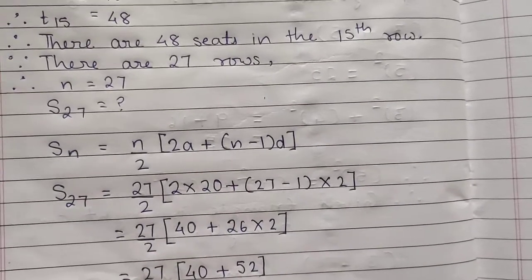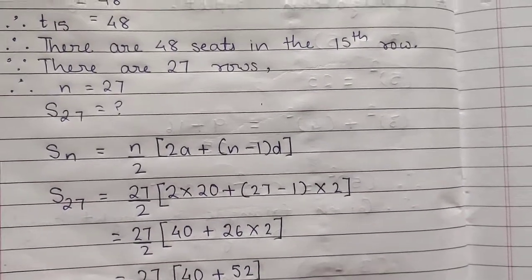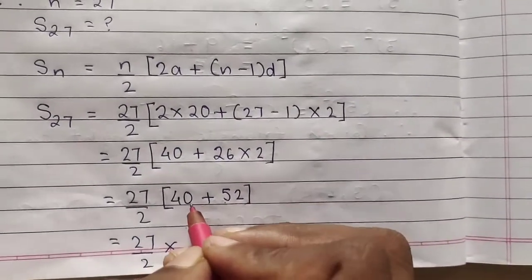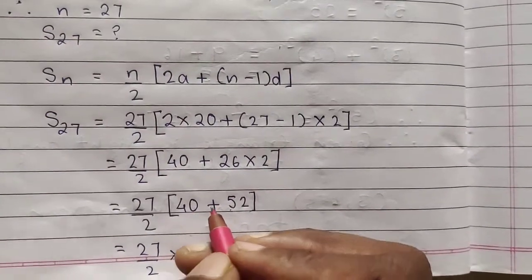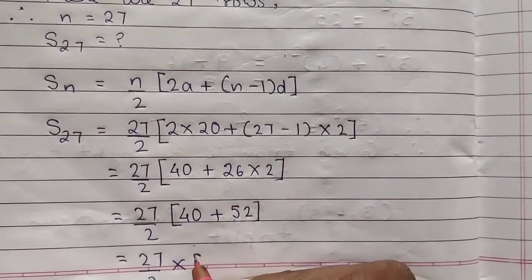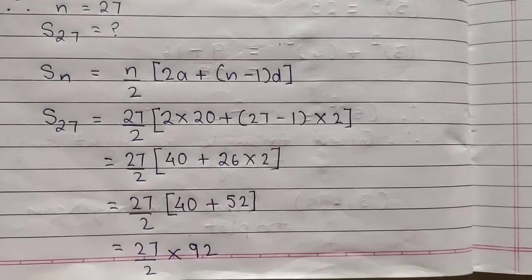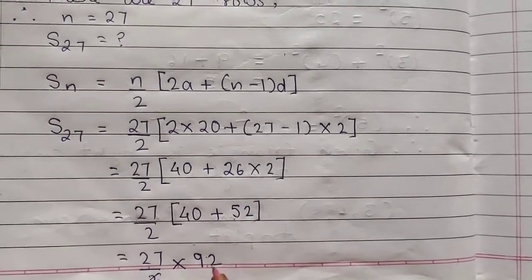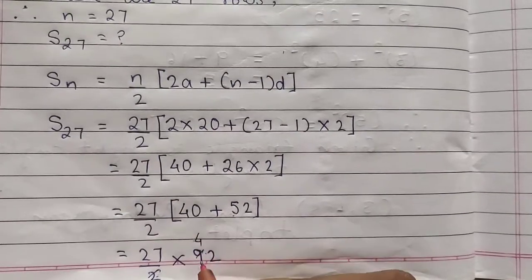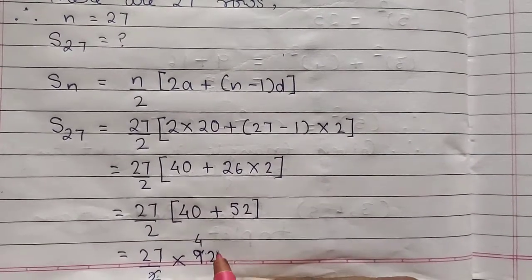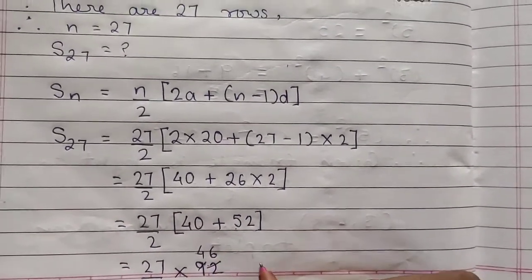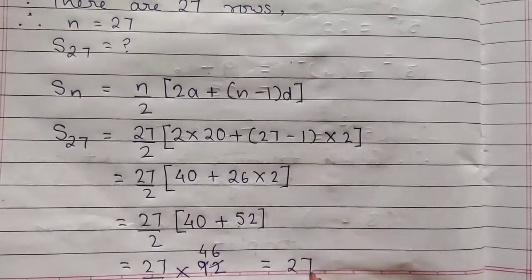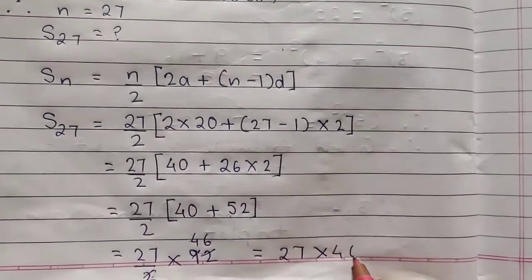Now you have to add the bracket. So this is 40 plus 52, and if you do addition, 40 plus 52 gives you 92. Okay. Now do the cancellation of this 2 with 92. So 2 fours are 8, 1 is remaining, so 12, 2 sixes are 12. So finally you got 27 into 46.